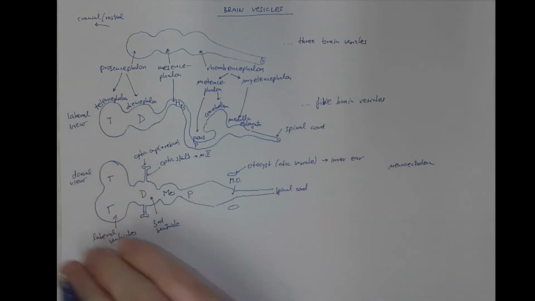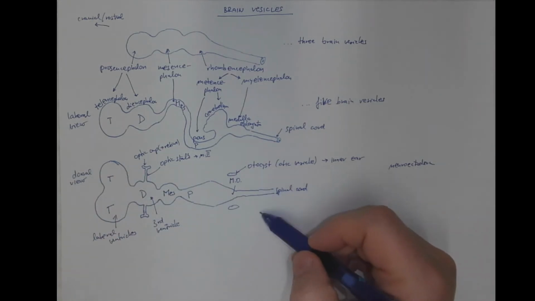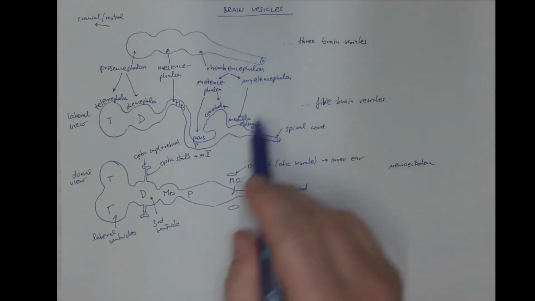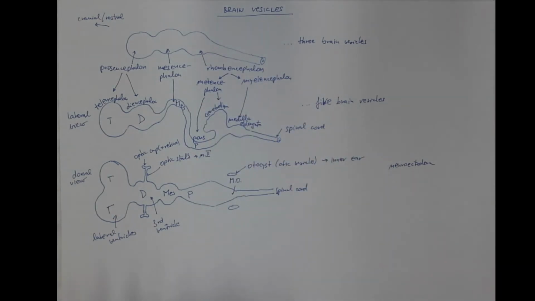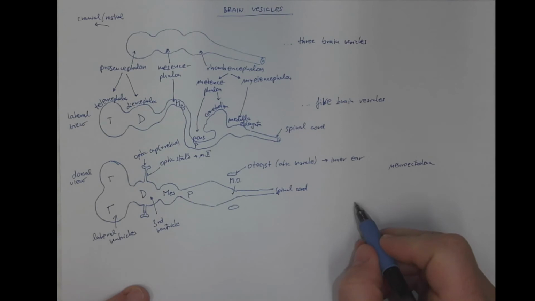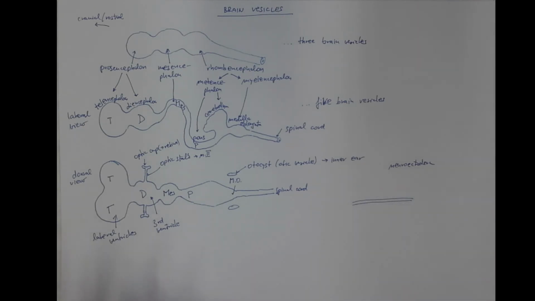If we consider something like a general structure of this neural tube, we can see that some functions are dedicated to some regions.